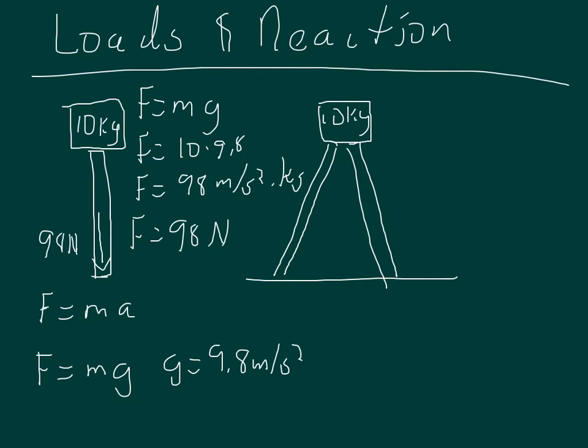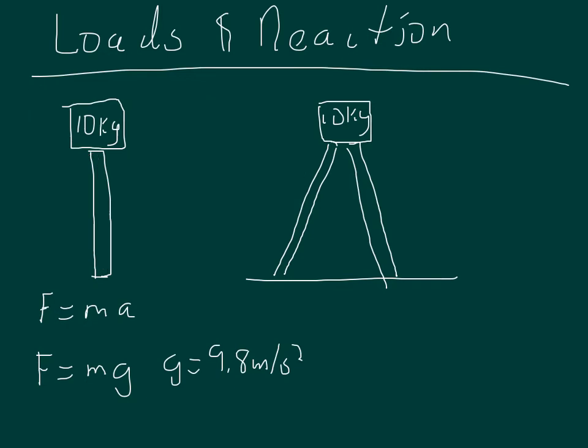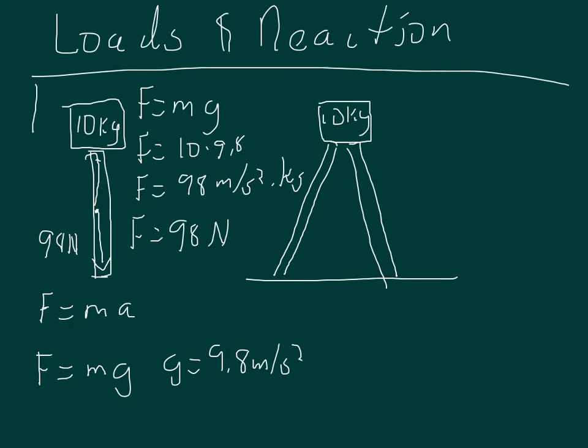Now you know about the normal force. The normal force is pushing up in an equal and opposite direction. So if we say, in this case, that the y direction going up is positive, what we have here is negative 98 newtons.